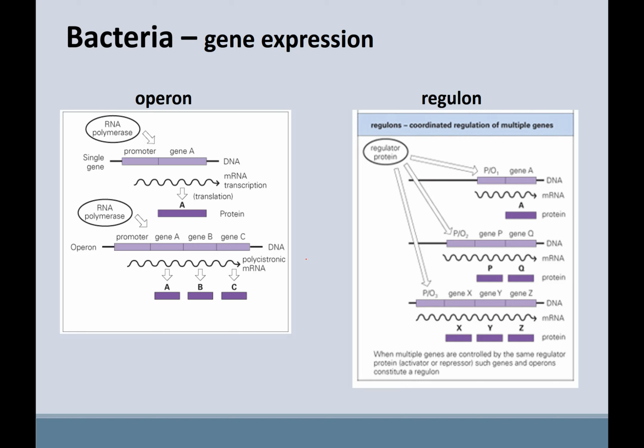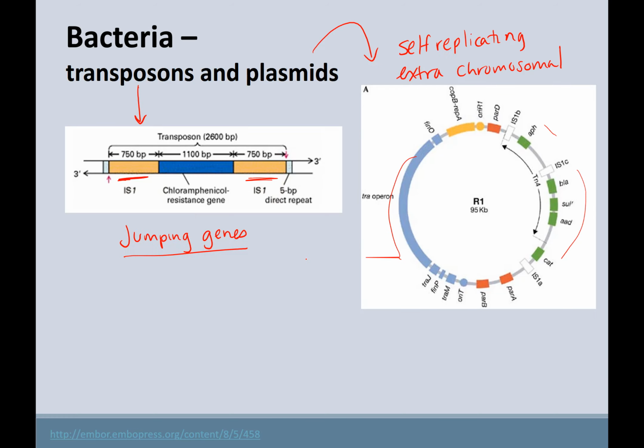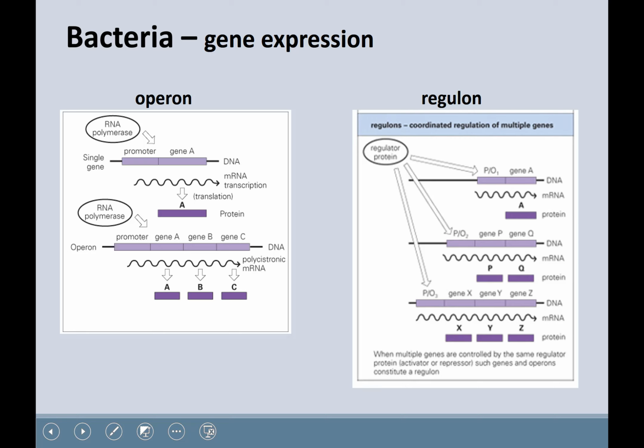Gene expression, I mentioned back here, an operon, which I guess I haven't really defined yet. So an operon is a way that bacteria can regulate multiple genes to be expressed at the same time. So both of these allow coordinated gene expression.